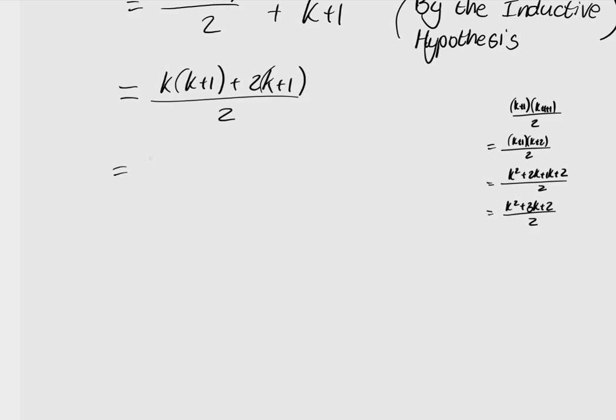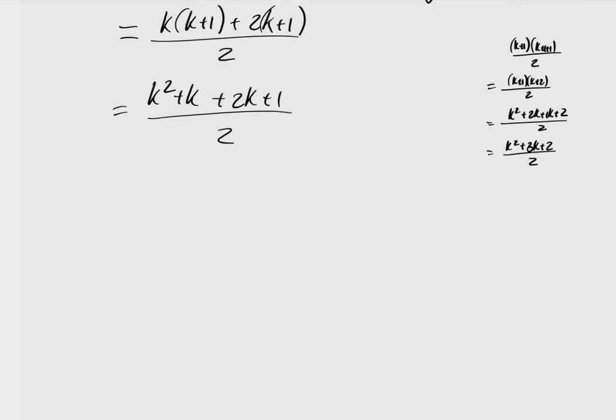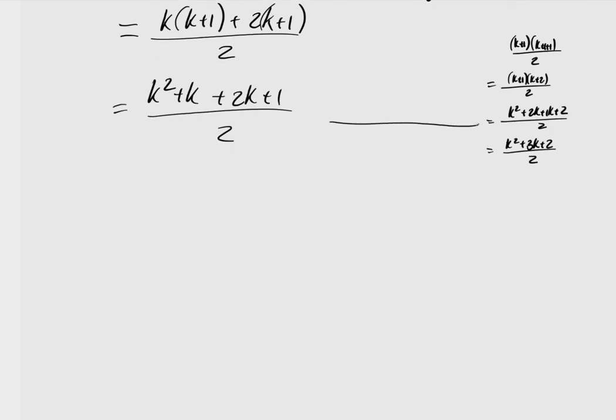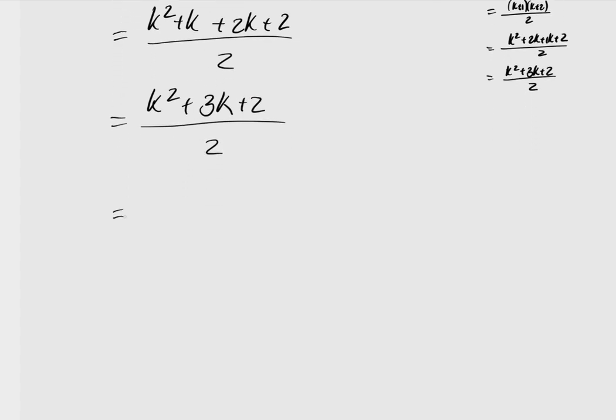Then we simplify, and we're already seeing that this looks like that. If you didn't notice, you could simplify all the way; this is supposed to be plus 2, which is a very common mistake. Don't make it. Anyway, we factorize (k plus 1)(k plus 2) all over 2.